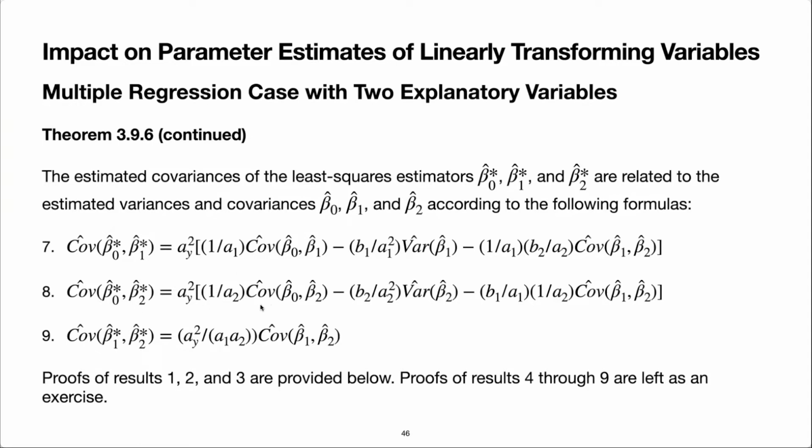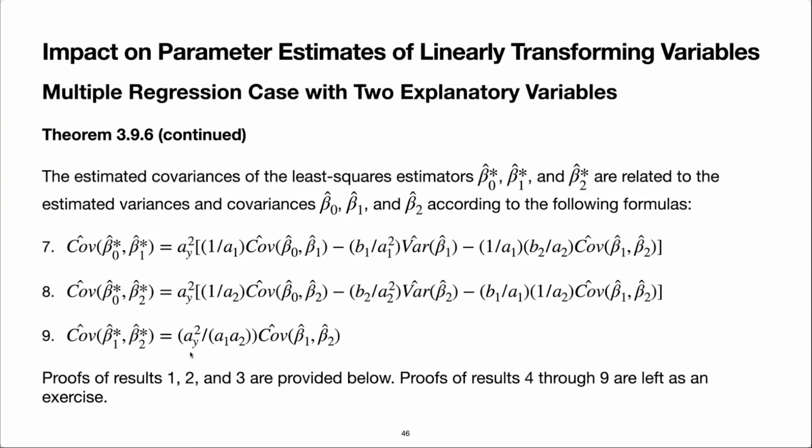The estimated covariance of beta 0 star hat and beta 2 star hat is similar. It involves the estimated covariance of beta 0 hat and beta 2 hat, the estimated variance of beta 2 hat, and the estimated covariance of beta 1 hat and beta 2 hat. And then finally, the estimated covariance of beta 1 star hat and beta 2 star hat is written in terms of the estimated covariance of beta 1 hat and beta 2 hat.